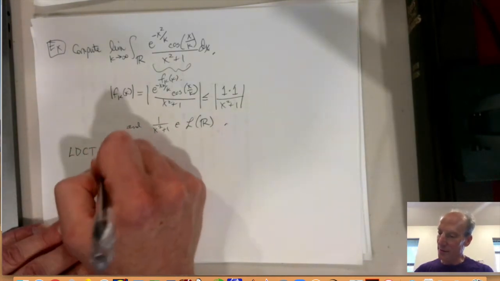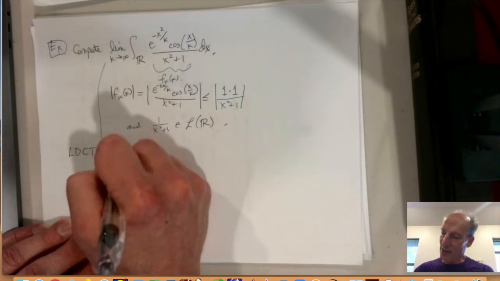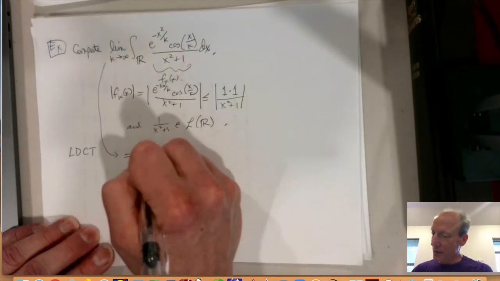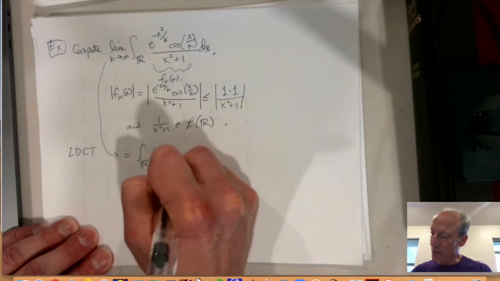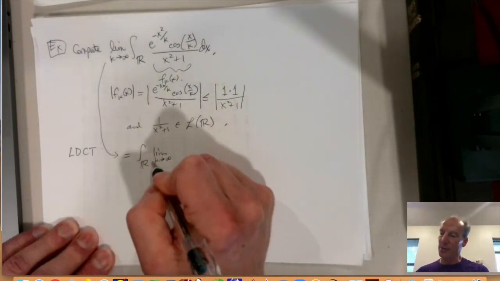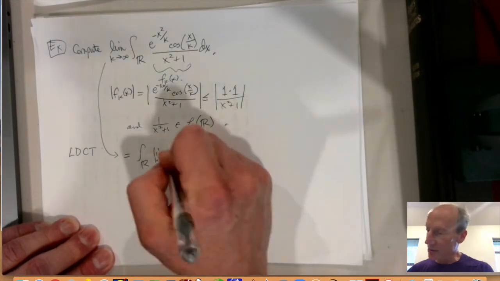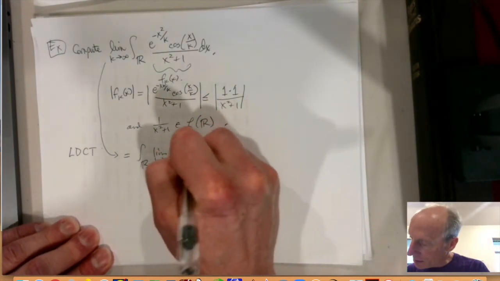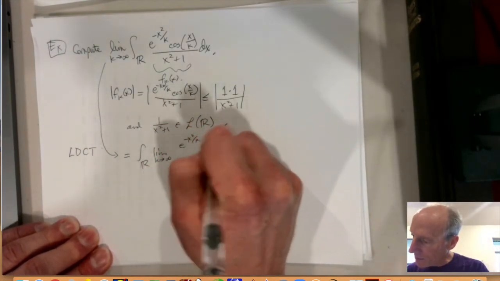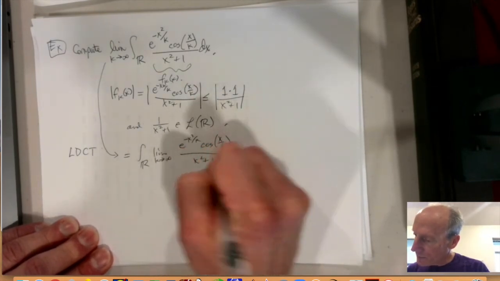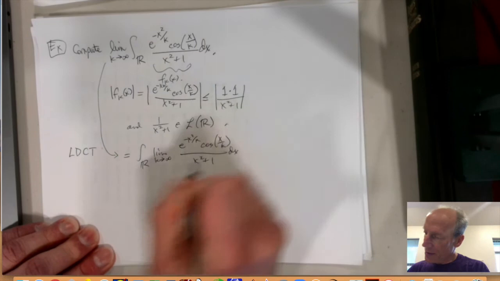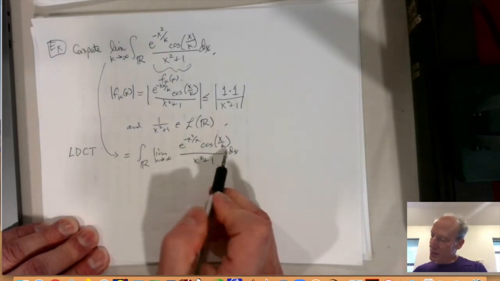So we have that this equals the integral over R of the limit as k goes to infinity. So that's what all these things are about, is interchanging the integral and the limit sign. And we can go e to the minus x squared over k cosine x over k over x squared plus 1 dx. And then we take the limit of k.